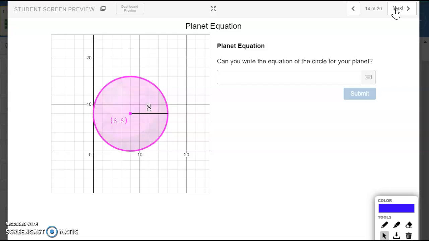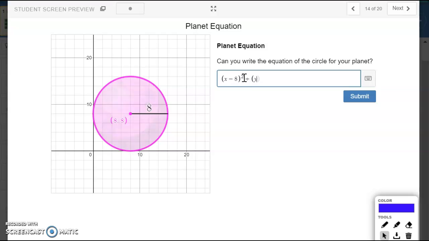Can you write the equation of the circle for this planet? Well, the center is 8, 8 and the radius is 8. So it's going to be (x − 8)² plus (y − 8)² is equal to, what is the radius squared?